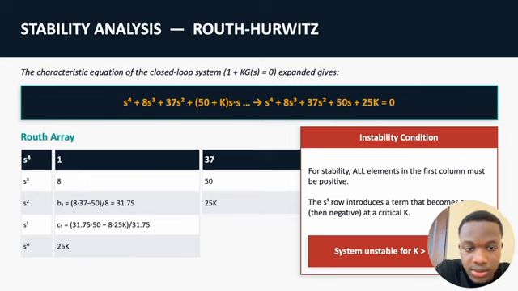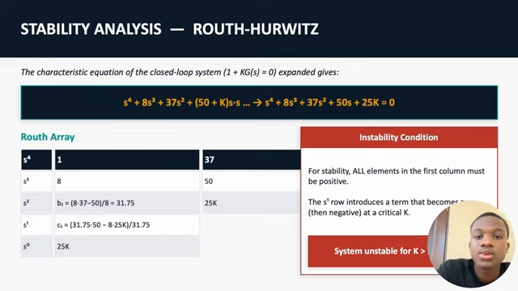Hi everyone, my name is Eboasi. I'm taking a look at how to determine the stability using the Routh-Hurwitz criteria. First, we form the characteristic equation of the closed loop system, which is s to the power 4 plus 8s to the power 3 plus 37s to the power 2 plus 50s plus 25k equals 0.